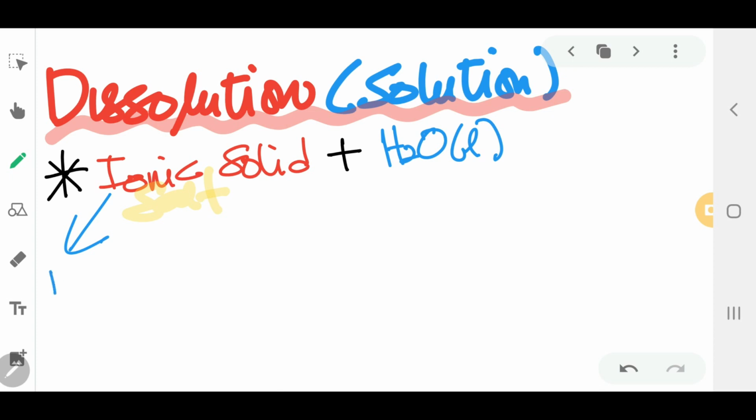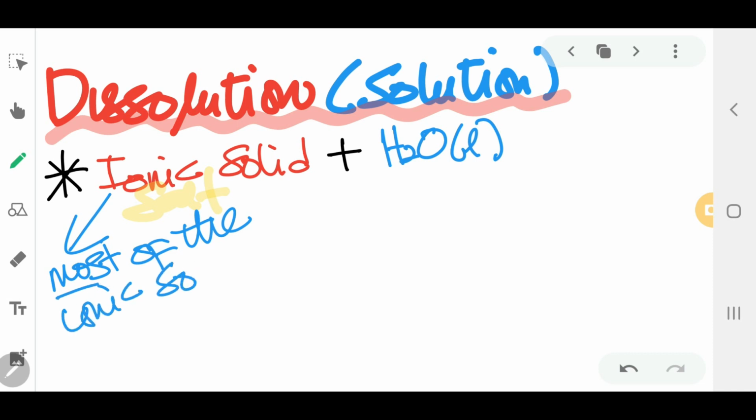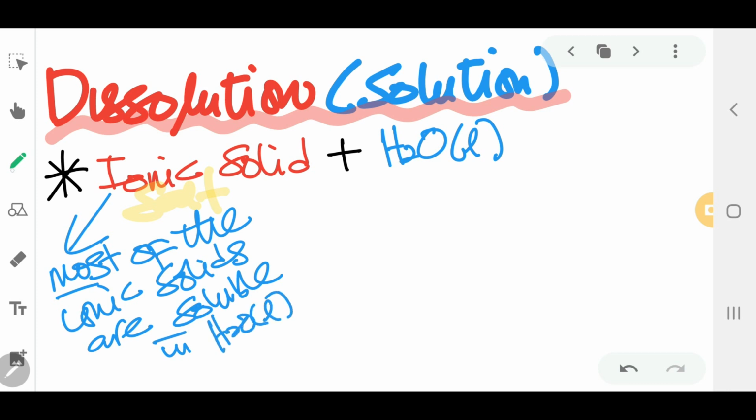So most ionic solids are soluble in liquid H2O.